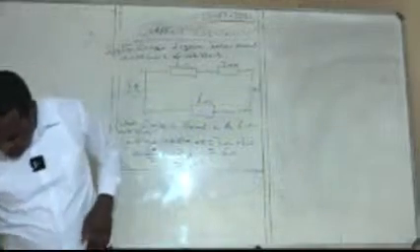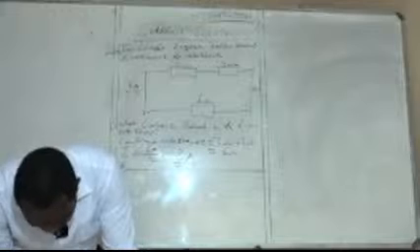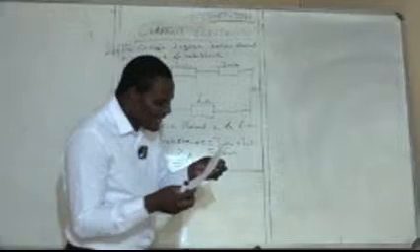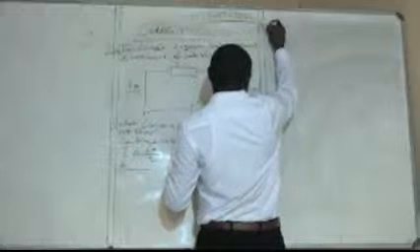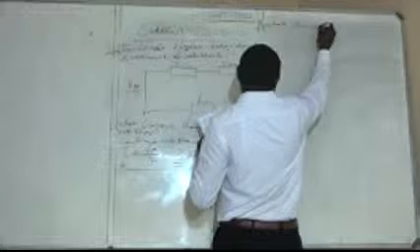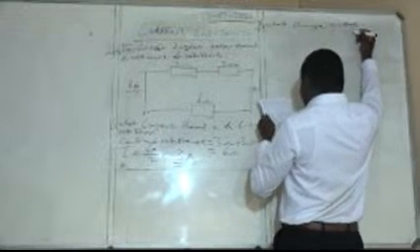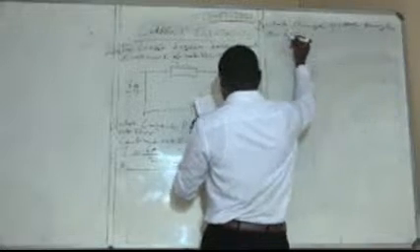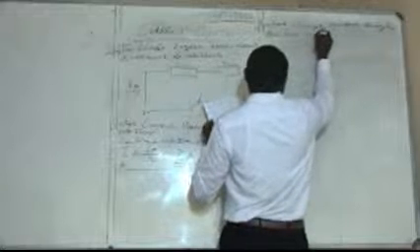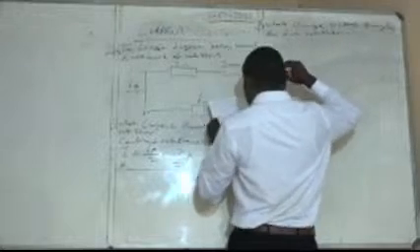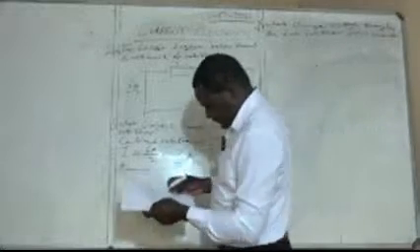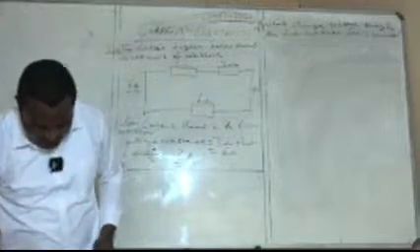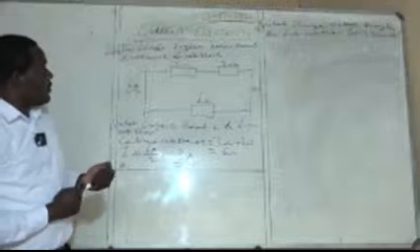It asks: what charge passes through the 6 ohm resistor for 3 seconds?